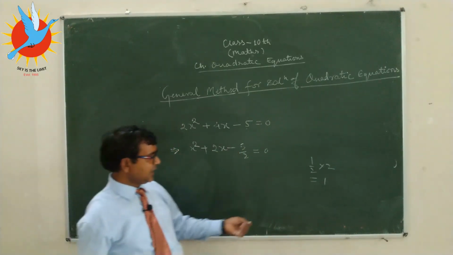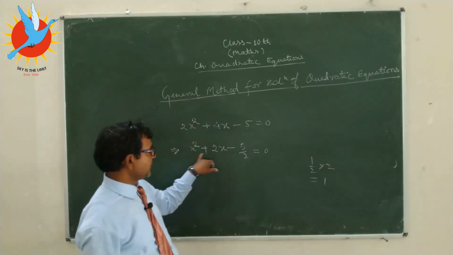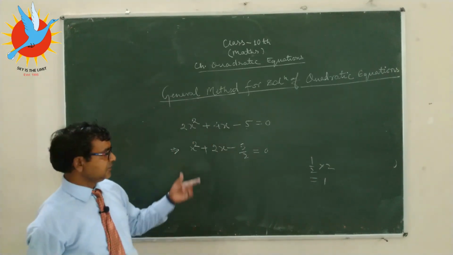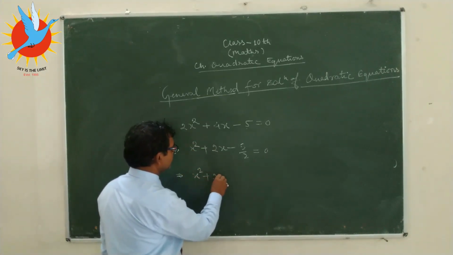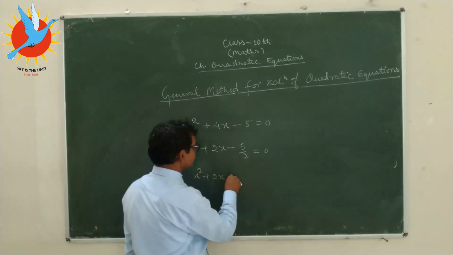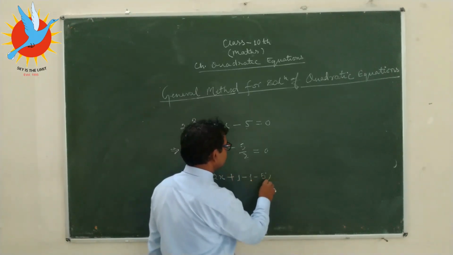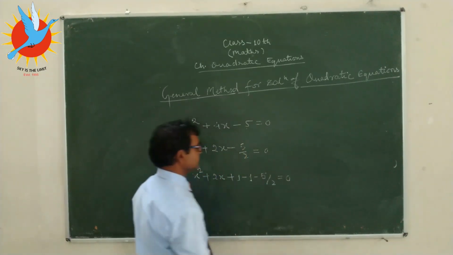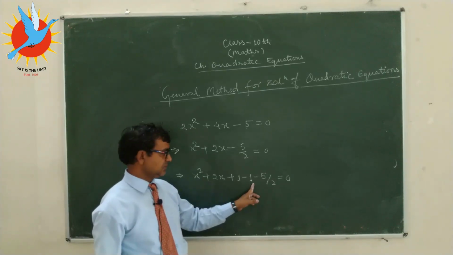Further, we take the square of 1 and whatever it becomes is added and subtracted: x square plus 2x plus 1 minus 1 minus 5 by 2 equal to 0. This 1 and minus 1 cancel out.